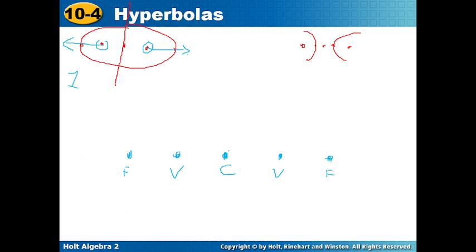So what will happen in here? As I said, wherever your focus is and where the vertex is, starting from your vertex, you're going to go to your focus. So if this is your vertex, you're going to your focus. If this is your vertex, you're going to your focus.